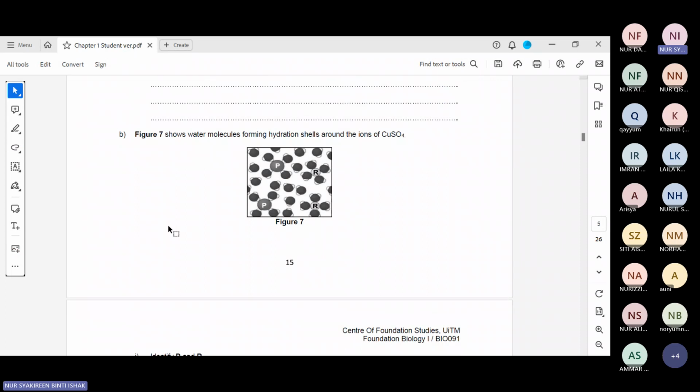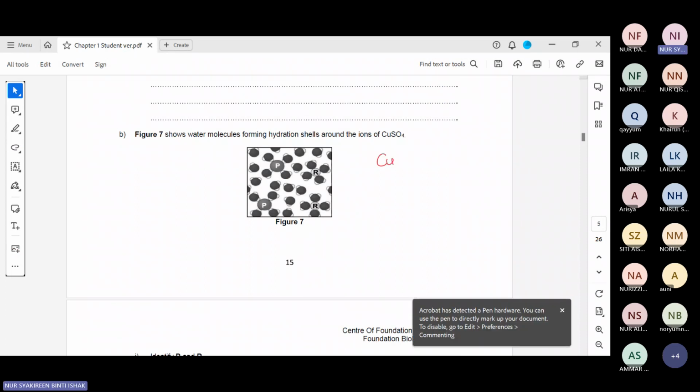Okay, so copper, the charge is 2 plus. Boleh nampak saya conteng ni? Boleh. Okay.